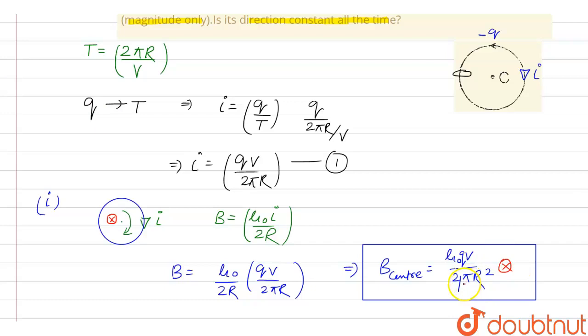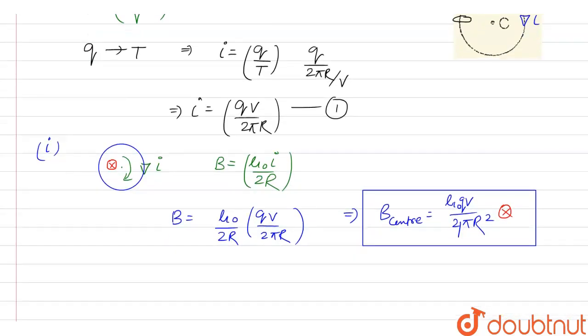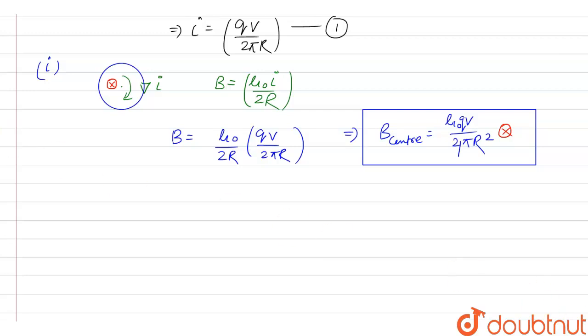Okay, now we have to find the magnetic induction at a point which is x distance away from the center of the loop on the axis. Okay, so let us draw the diagram first.